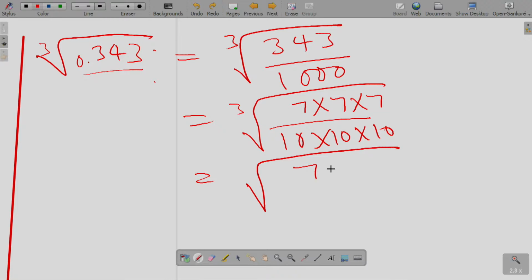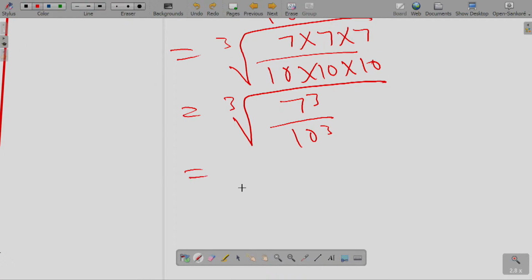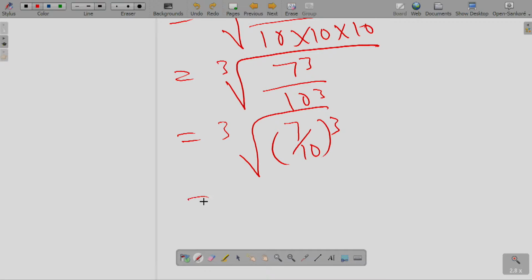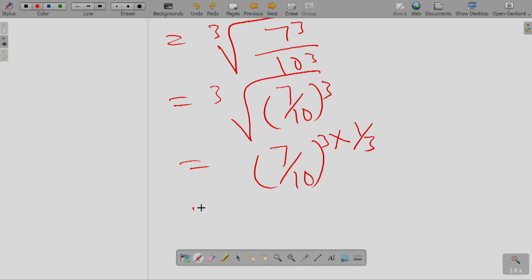So here we get 7 cubic over 10 cubic, which can be written as (7 over 10) cubic. And now (7 over 10) cubic to the power 1 over 3, and the answer is 7 over 10. The 3 and 3 cancel out.